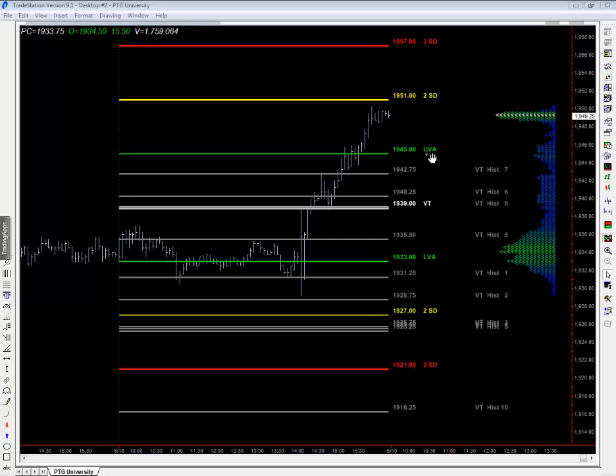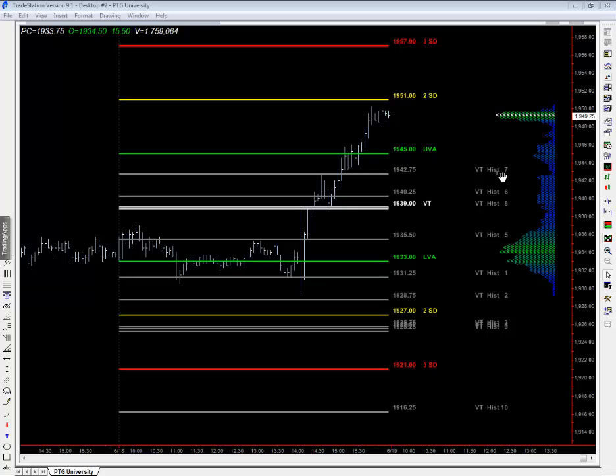Now, on our indicators, I have an indicator that displays the prior day's upper and lower value area as well, but I feel at this point that's overkill. You don't need to know necessarily what the upper and lower value is for the prior day, or 3 days back, or 5 days back.